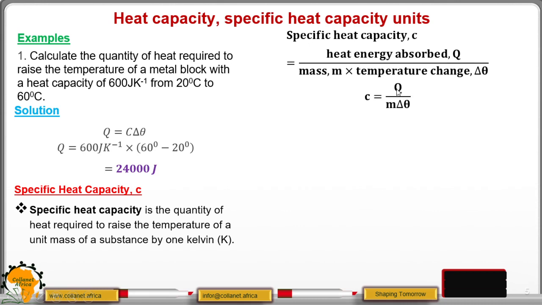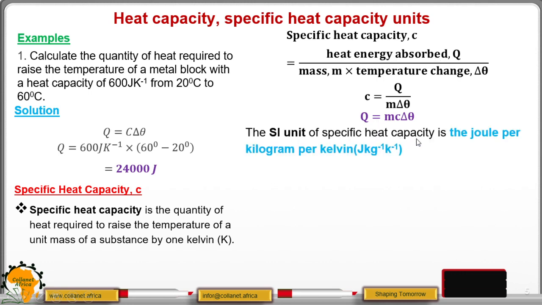So we have c, that is small c, is Q over mass and change in temperature. Where now we can get the value of Q as mass multiplied by the specific heat capacity, and then you multiply by change in temperature. That will give you the heat energy absorbed or heat energy supplied.